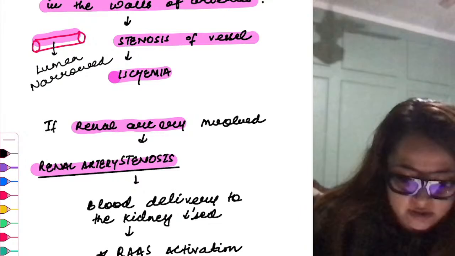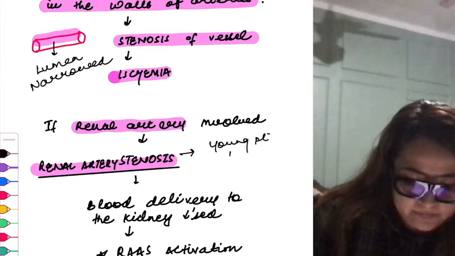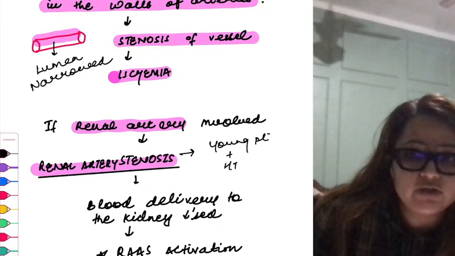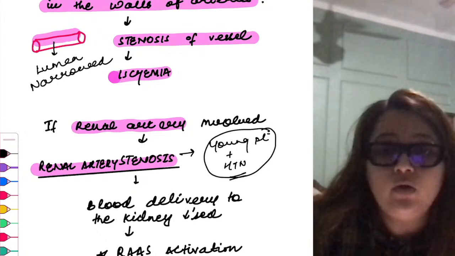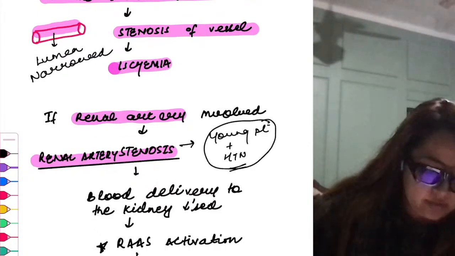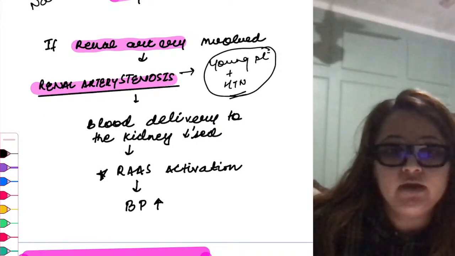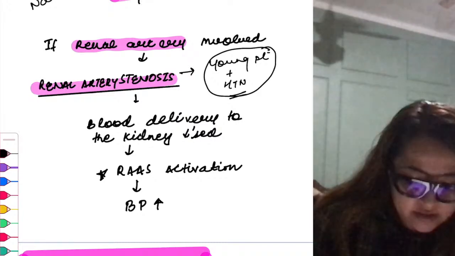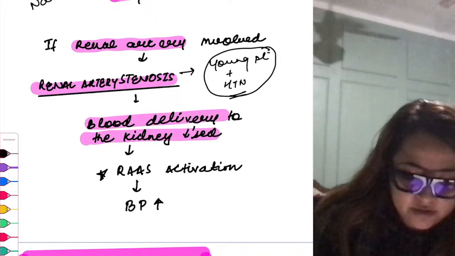A young patient coming to you with hypertension, you will always look for the renal artery stenosis. So the blood delivery to the kidney will be reduced. This is a very important point.